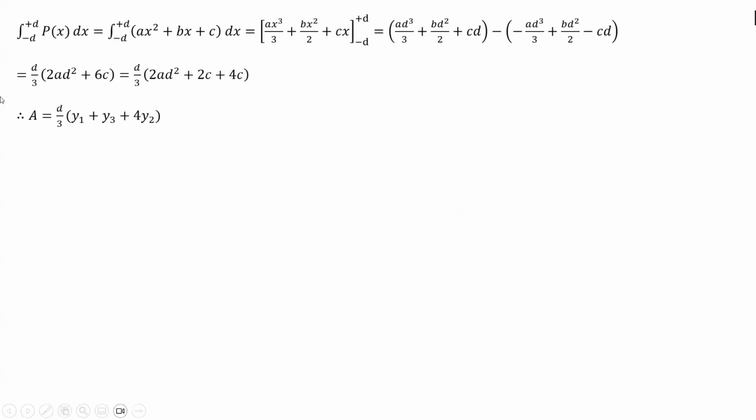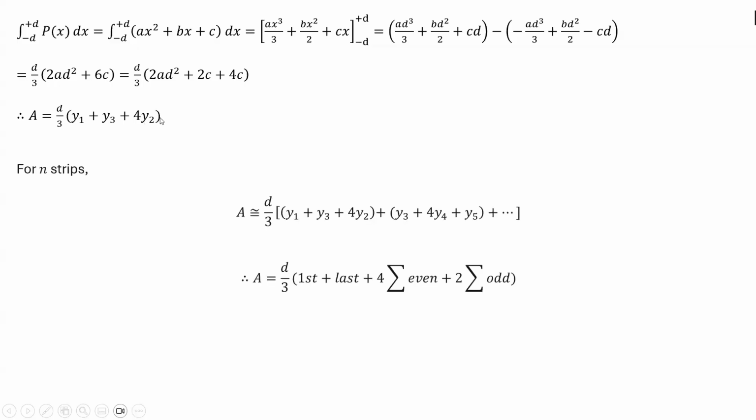So you can see here, if we integrate from minus d to plus d the parabolic equation, we get all the results. We put all the values into x, and if we integrate it, we find that the final formula is d/3, where d is similar to the width, times (y1 + y3 + 4y2).